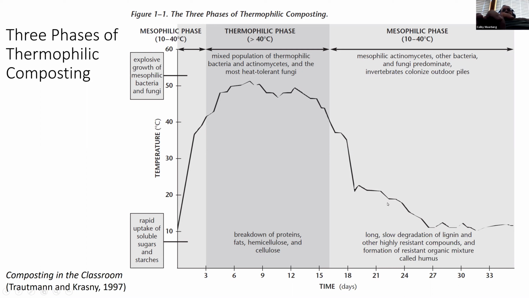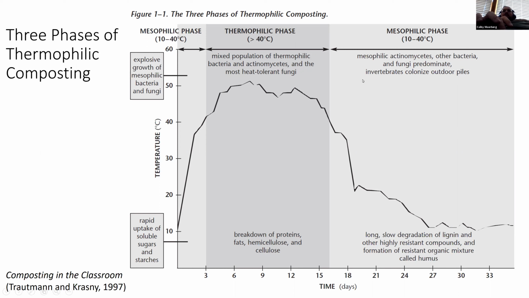After this, all that's really left is some of the slowly decomposed materials that are high in lignin or high in polyphenol and so on. And the microbes shift a little bit. So we get actinomycetes, bacteria, fungi, and some other invertebrates that are starting to colonize the pile.